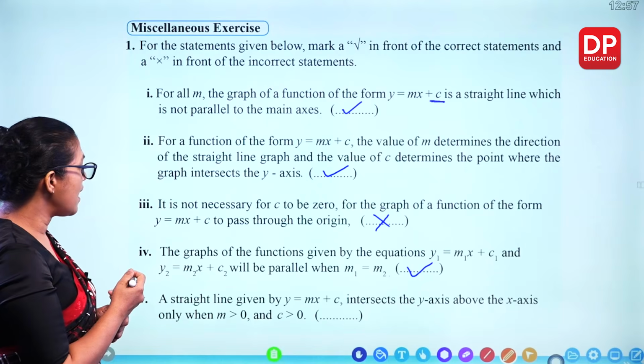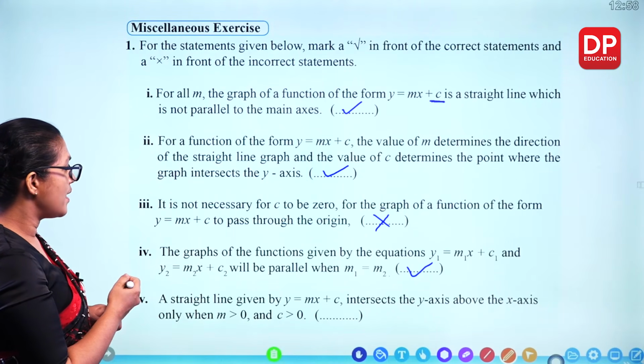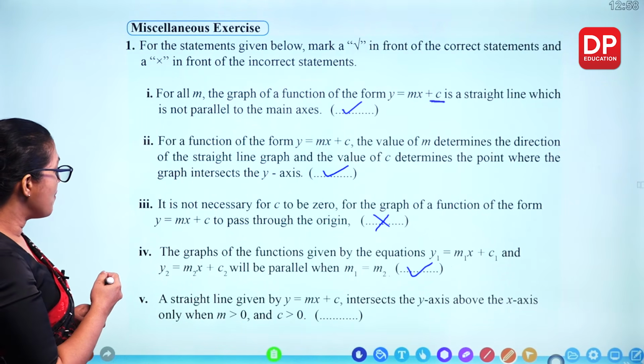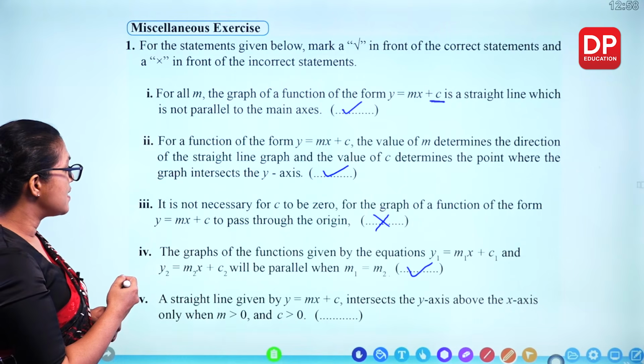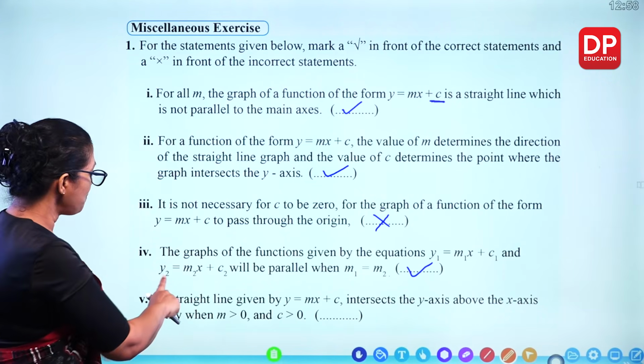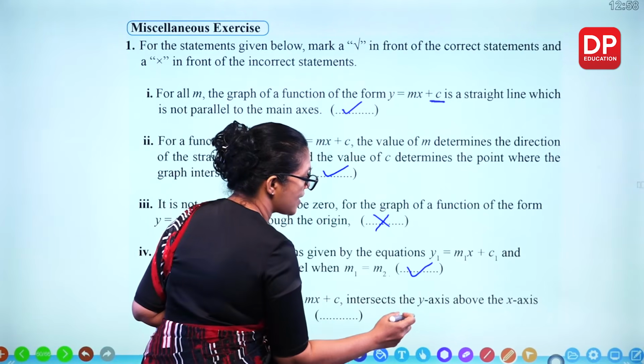Next one, a straight line given by y equals mx plus c intersects the y-axis above the x-axis only when m greater than 0 and c greater than 0. What it means? Any y equals mx plus c intersects the y-axis.